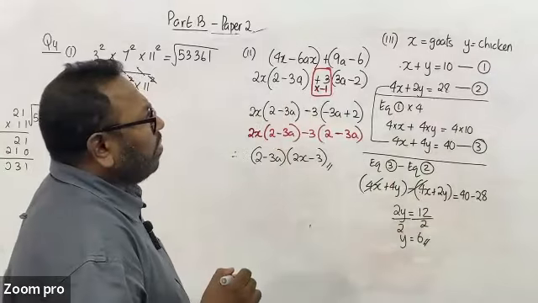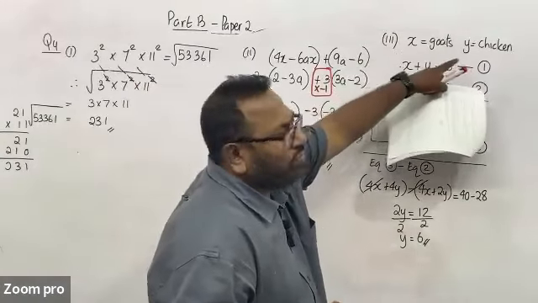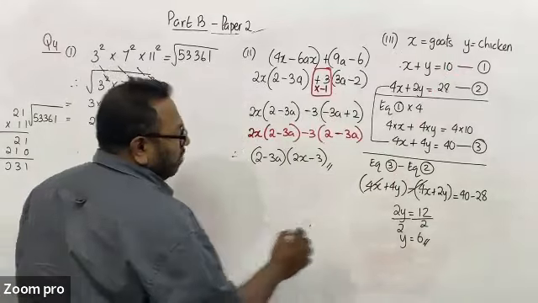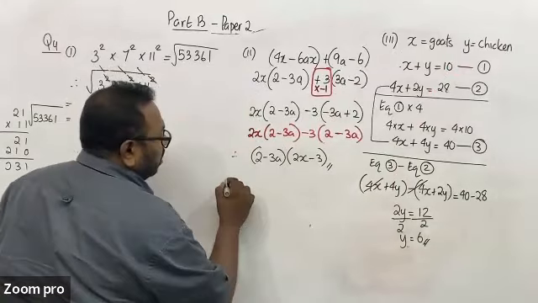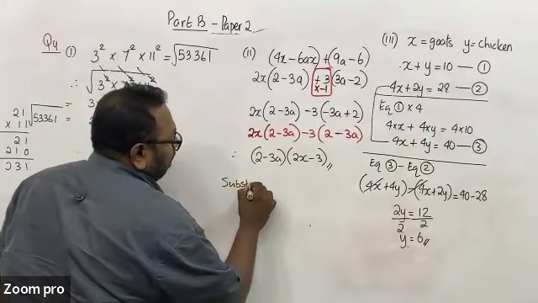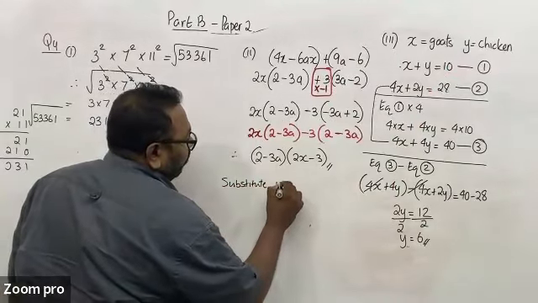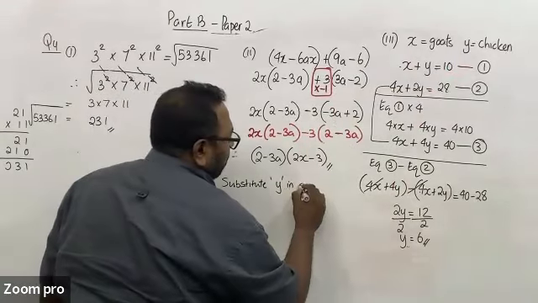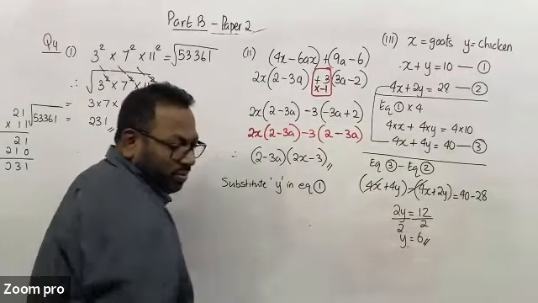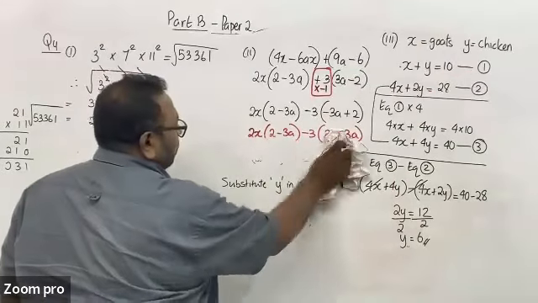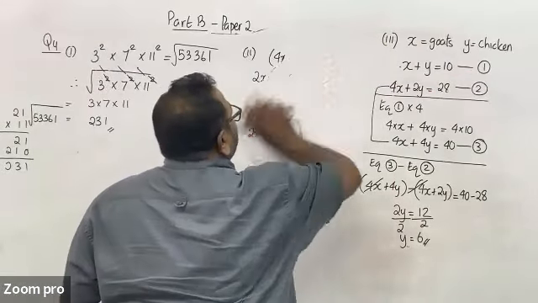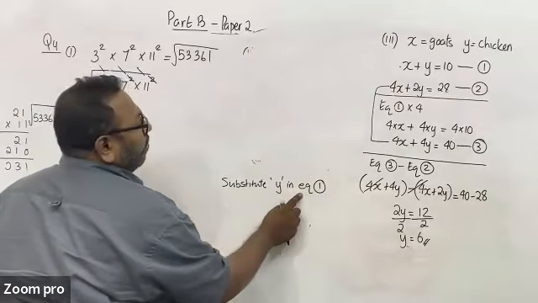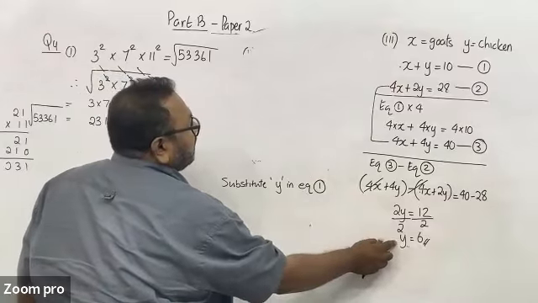Okay. We want to find the number of goats. We found out the number of chicken. How many? 6. So how many goats are going to be there? Substitute y in the first equation. In equation 1. I want to erase this part to make it clear for you. So substitute y in equation 1. What is y? 6.